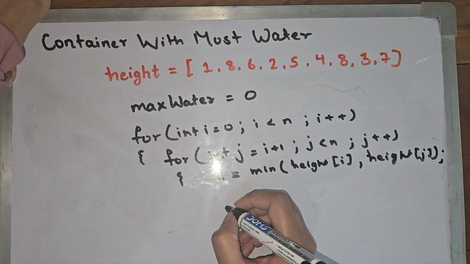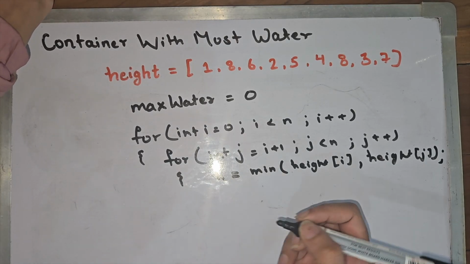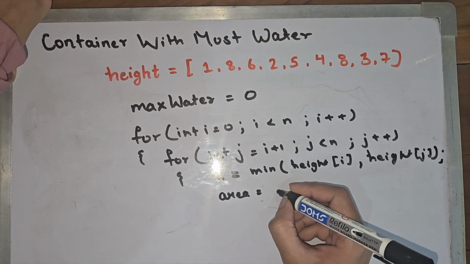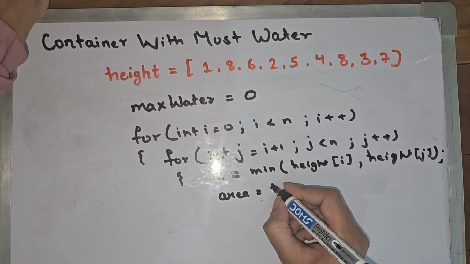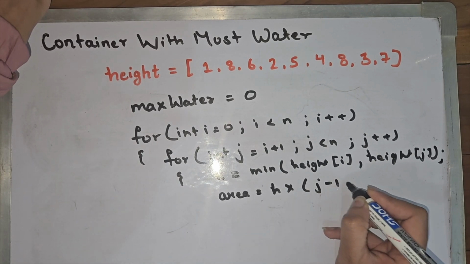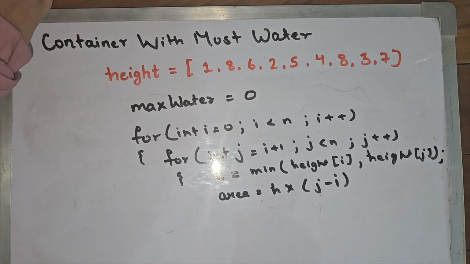Now we will find the water content, which is basically the area. So the area is equal to width into height. We have the height, and width is equal to j minus i. So we have this area. Now we need to store the maximum.